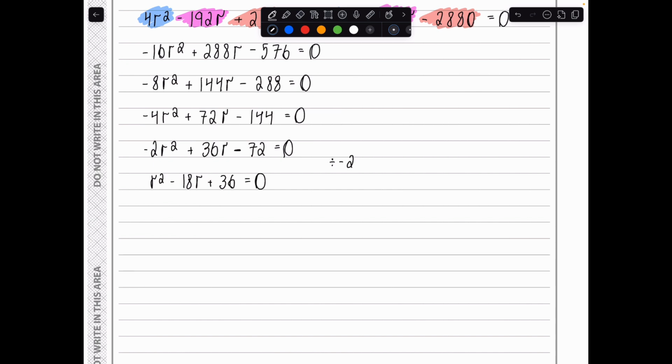So now we have a quadratic. Now we could factorize this, but remember earlier in the question, we were asked to find the possible values for r as fully simplified surds. So let's just go ahead and use the quadratic formula straight away. So we have minus b plus or minus square root of b squared minus 4ac over 2a.